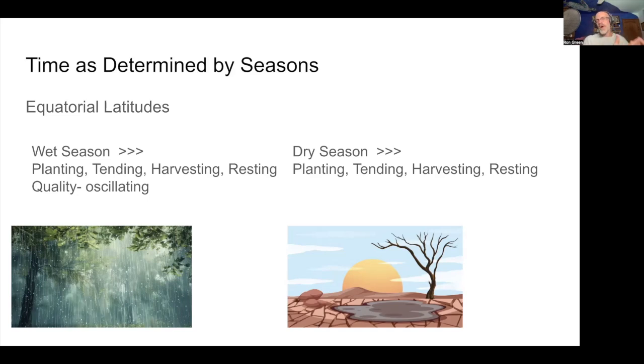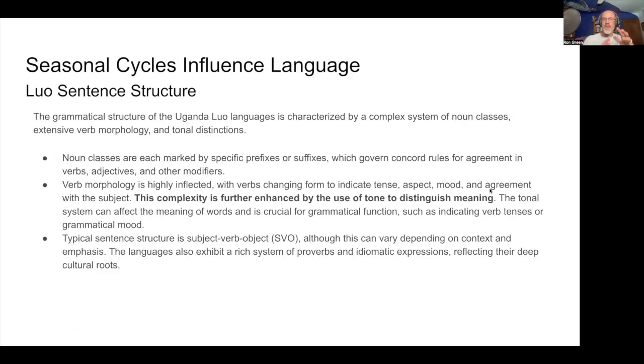And so all of you told me, you don't put the seeds out for certain plants at the beginning of the dry season because they may start to come up, but the dry season will kill them before you ever harvest them. And so that's a reality. So these seasonal cycles influence our languages.